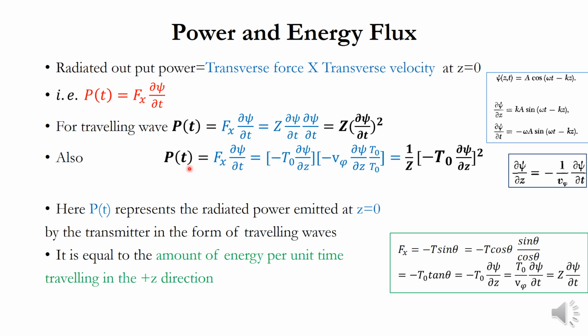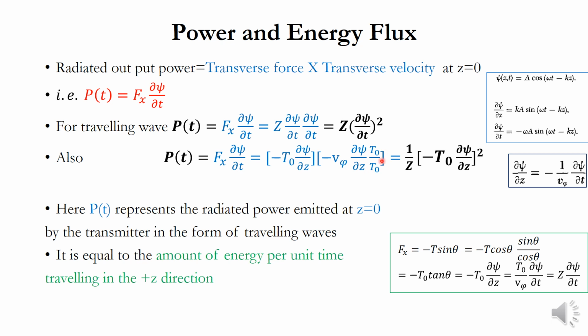And this P of t in terms of dou psi by dou z is obtained like this. This Fx in terms of dou psi by dou z will be minus T0 into dou psi by dou z. So into this dou psi by dou t, which will be minus v phi into dou psi by dou z.